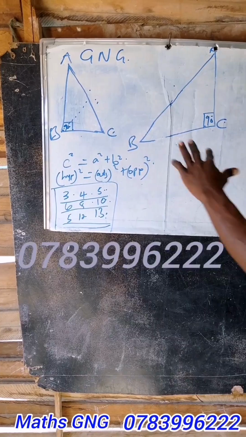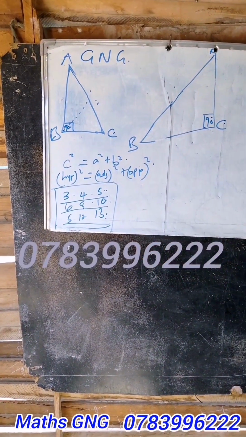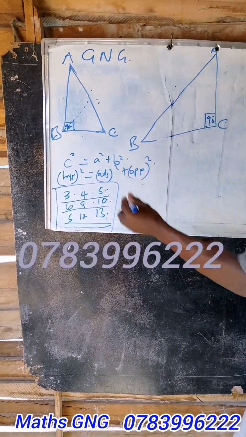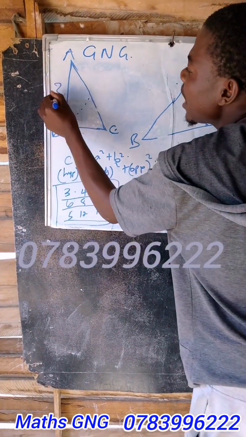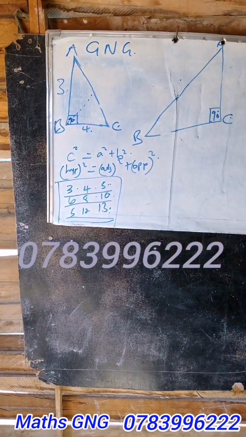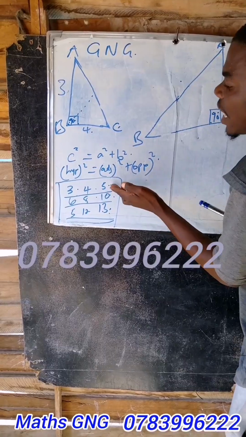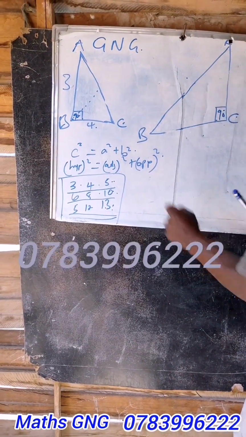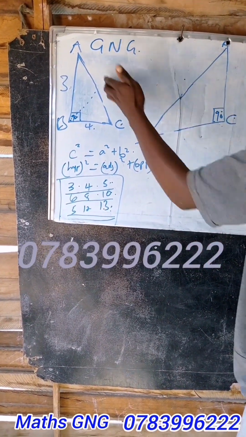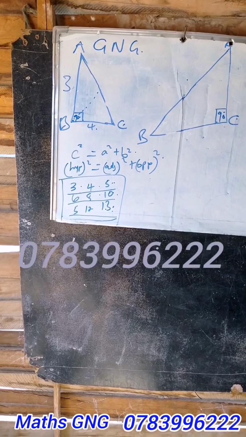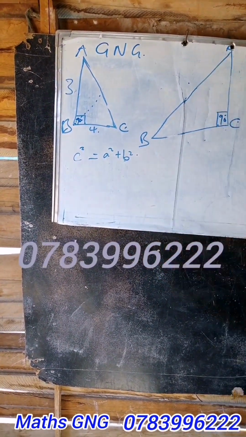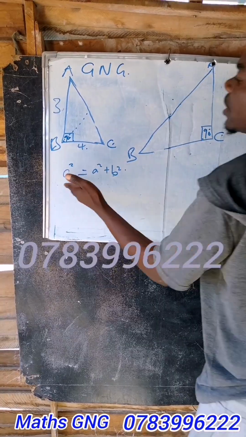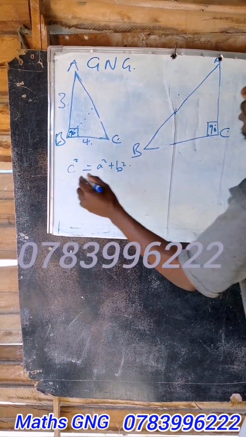So we just want to prove it. Let me take here, we want to find our hypotenuse. So this side is 3. This side is 4. We want to make sure that 5 appears here. Allow me to rub here. Here is our formula. Our formula is saying c squared, and c is the hypotenuse.